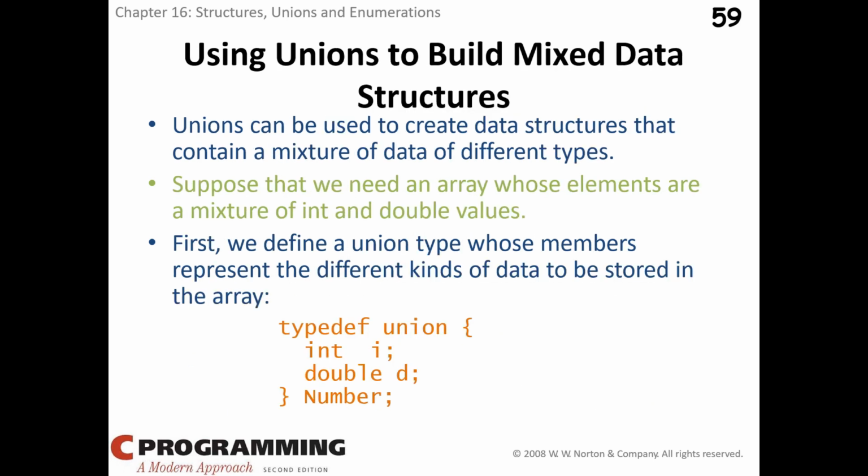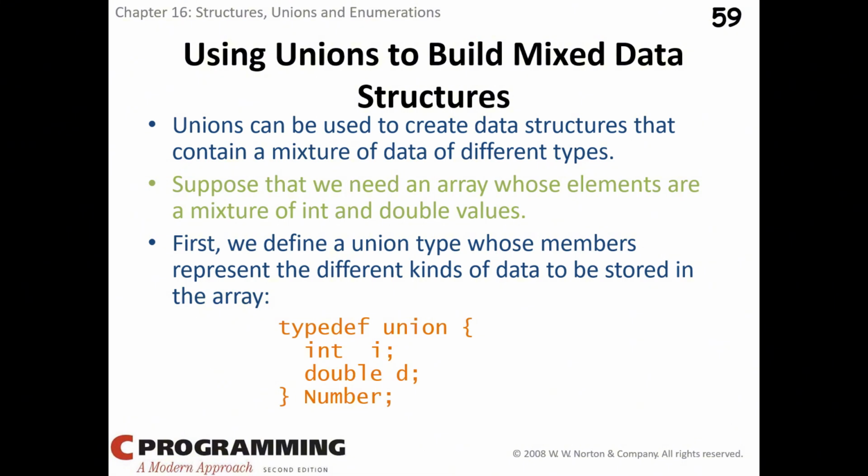Unions serve as a versatile tool for constructing data structures that combine data of diverse types seamlessly. Now suppose there's an array that requires elements comprising both integer and floating point values. To do this, we define a union type with distinct varieties of data for storage within the array.